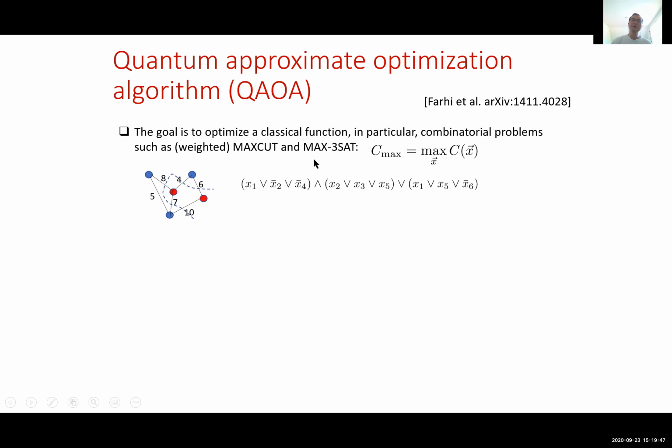Another optimization problem usually encountered in computer science is called Max 3-SAT. 3-SAT is a satisfiability problem.